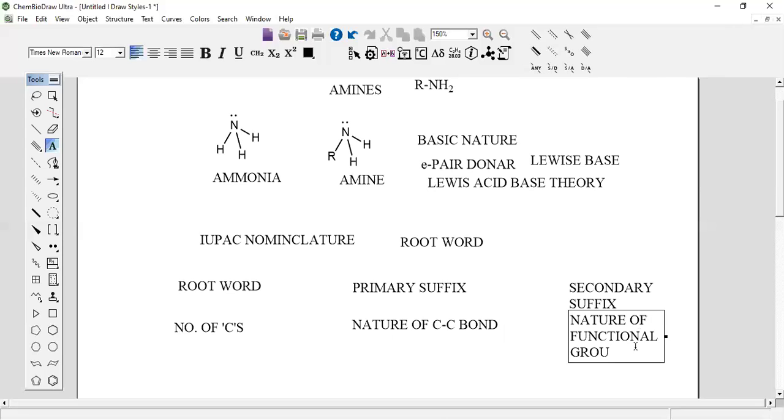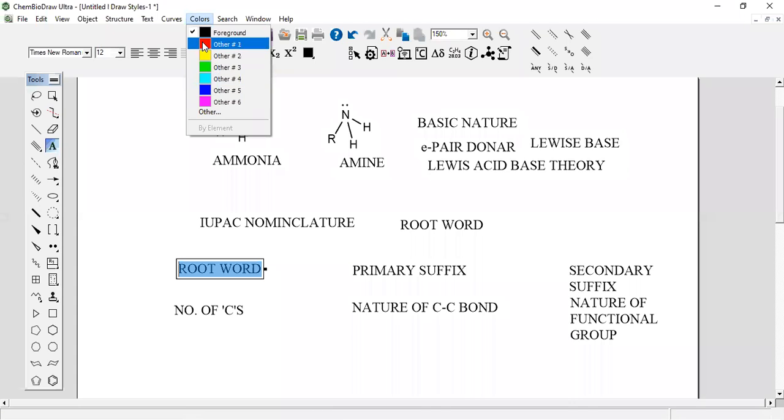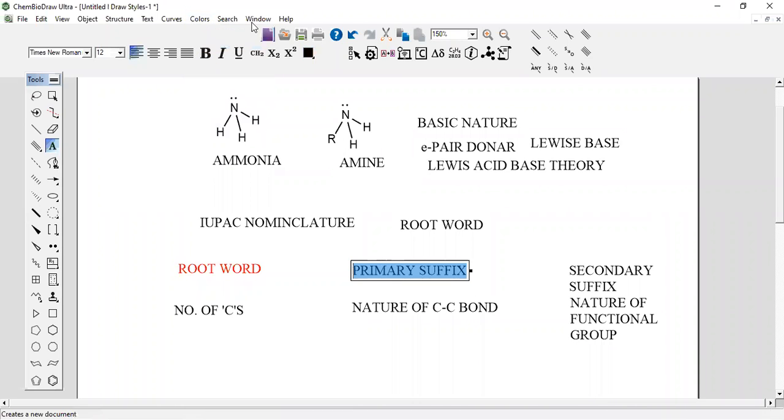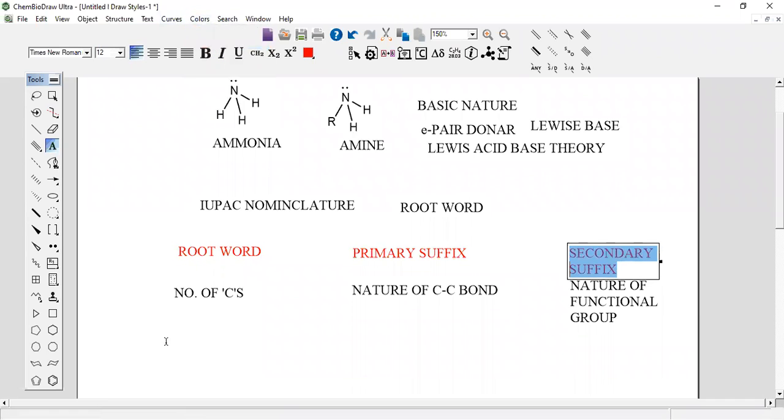Now tell me, if one carbon is there, what is its root word? Meth.